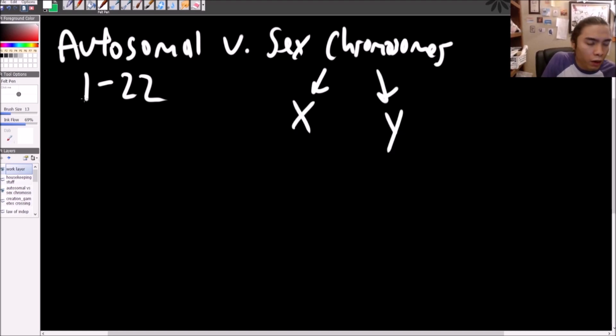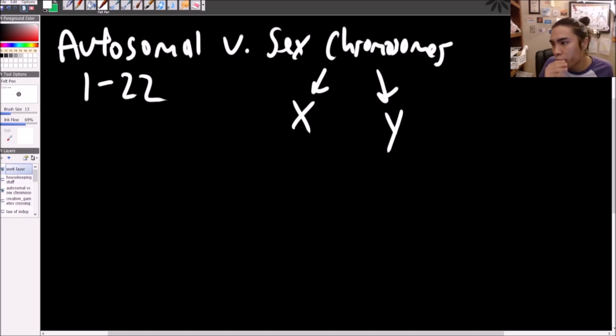For all the autosomal ones, you have homologous chromosomes present for each one. For sex chromosomes, you might not have homologous chromosomes present. In fact, only females have homologous sex chromosomes. So the sex chromosomes have genes that correspond to sexual dimorphism. It's what makes males males and females females.